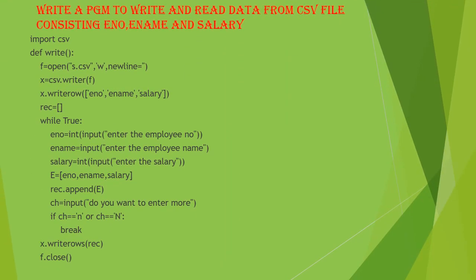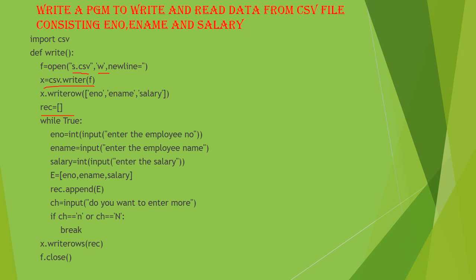Write function, how to do the write function. In the write function, we have f equal to open s.csv, that is the file name, and it is opened in write mode, and we have the newline character also. Then we use the writer object x is equal to, and what we need are the e number, e name, and also salary that we made in the list, and this one is the original list.